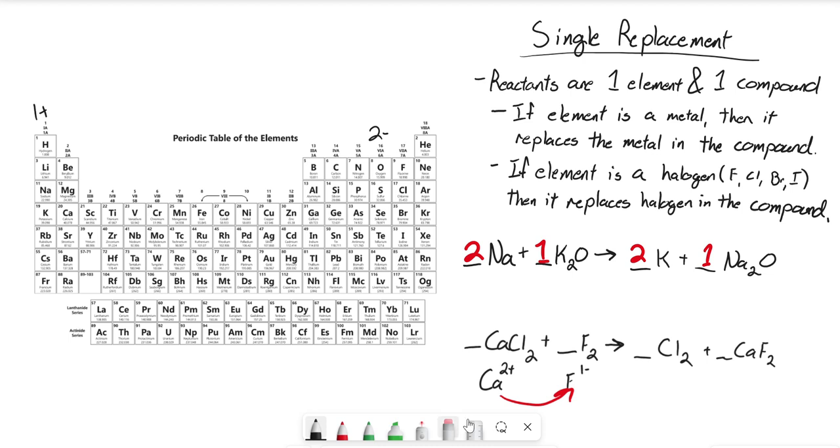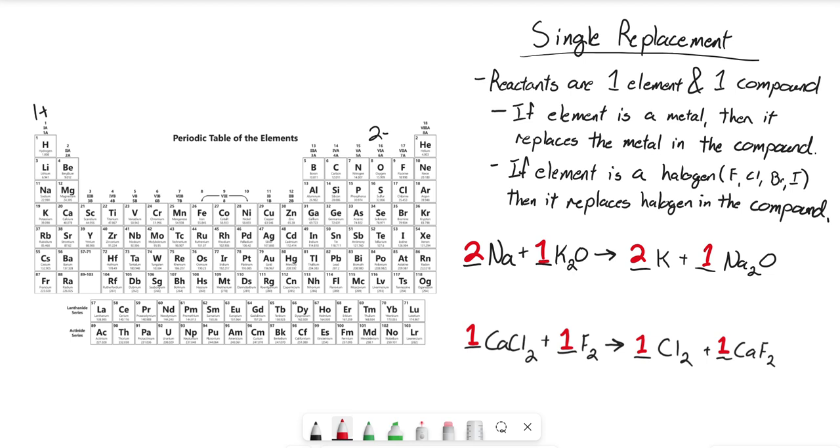Again, I'm getting this here from crisscrossing the charges, calcium at a 2 plus and fluorine at a 1 minus. Now in this case, we do get pretty lucky here because this does give us a reaction that's already balanced. Still, I think it's extremely important that even if we recognize it's balanced, we still fill in the blanks with the ones here.